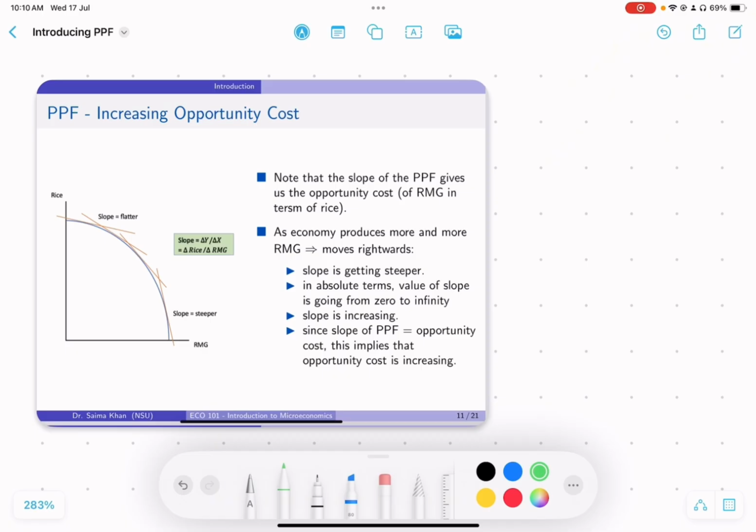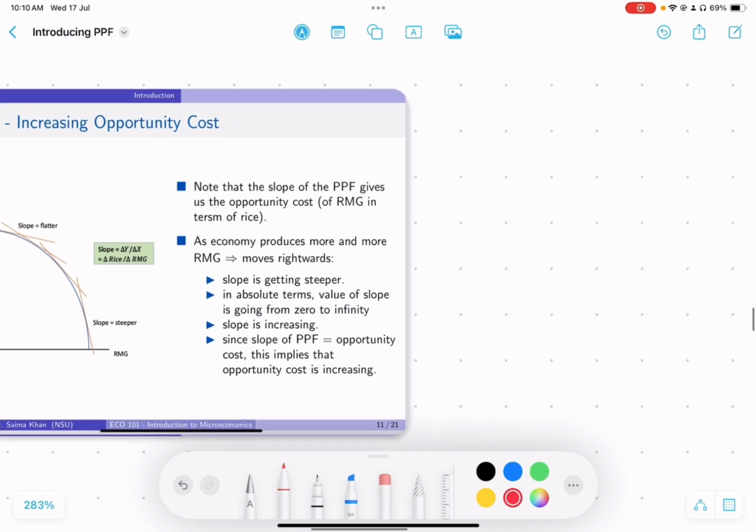In this video, we are going to go more in depth into the production possibility curve and how it is linked to the concept of opportunity cost. In the last video, I showed you, using some calculations, that when you've got this PPF here, moving from here to here, the opportunity cost is low.